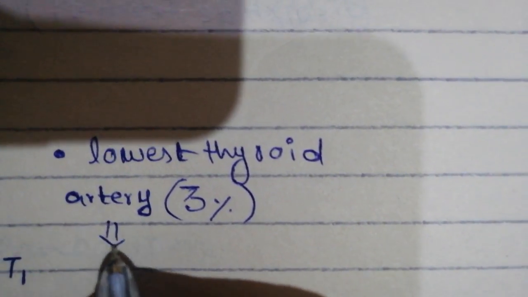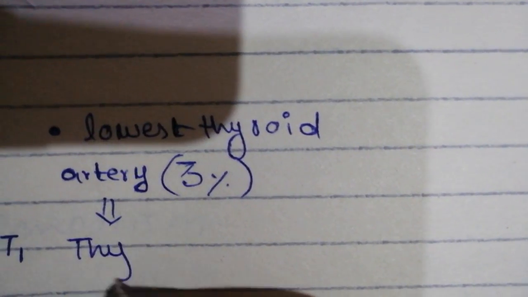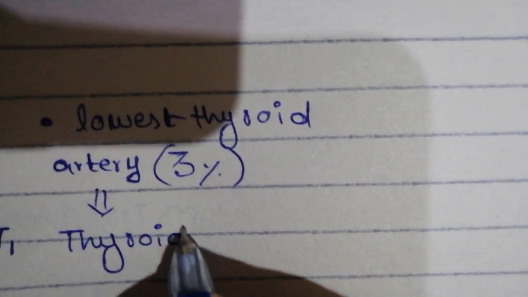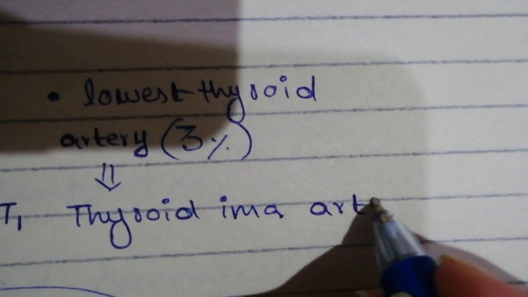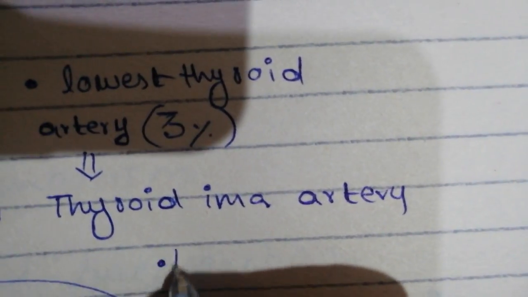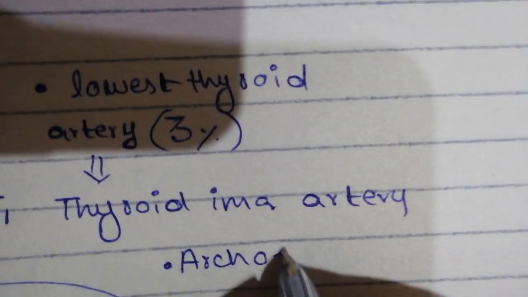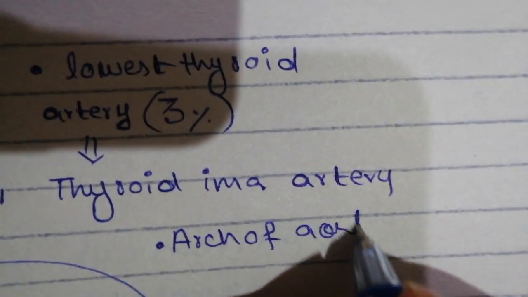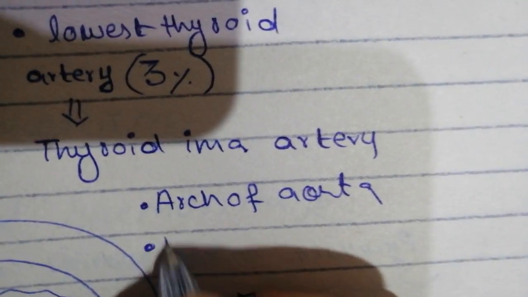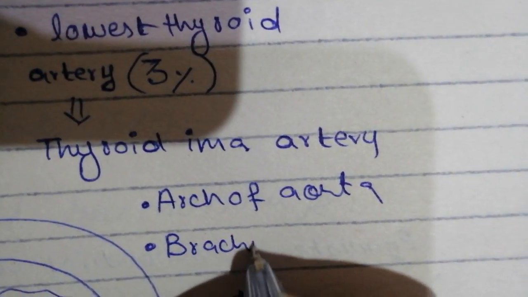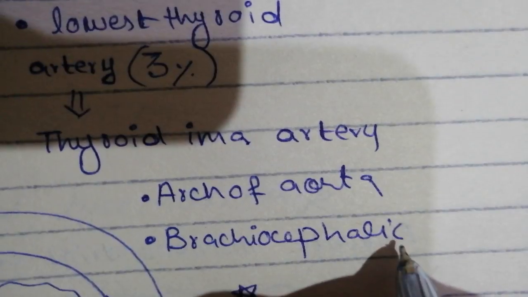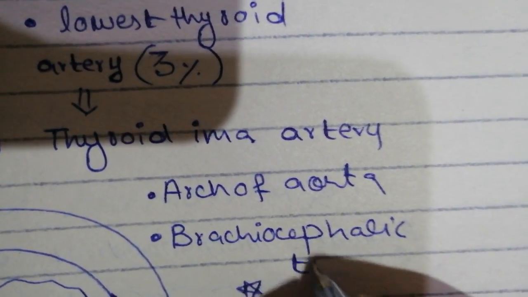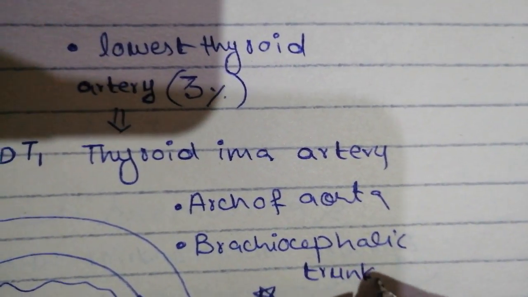And it is also known by this particular name, right? And this either comes off directly from the arch of the aorta or from the brachiocephalic trunk. We also have an arterial component, the brachiocephalic trunk, which is on the right side only. My apologies, the left side only. Right, so this is an MCQ-ish point that must be remembered.